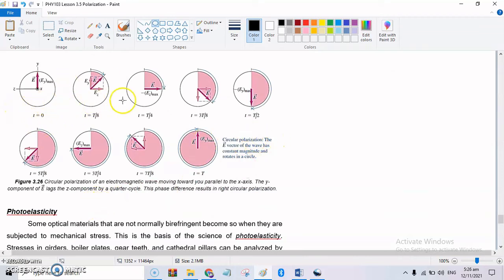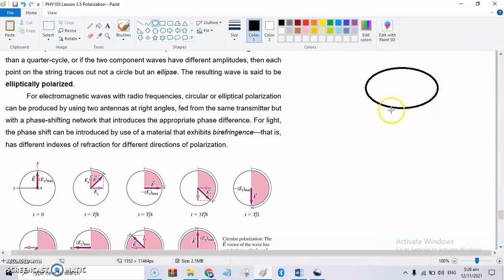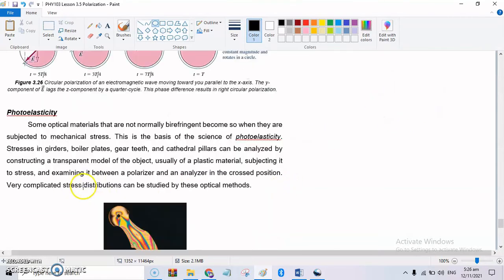I hope you have understood what this illustration means. It only tackles circular polarization, but with an elliptically polarized wave instead of circular.